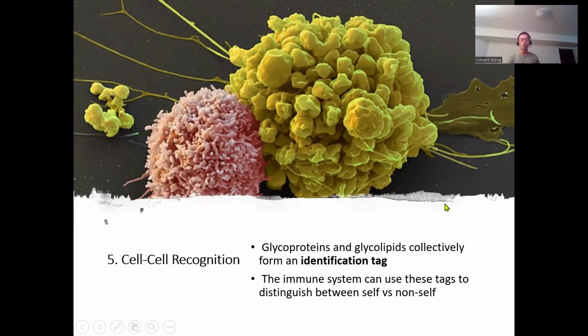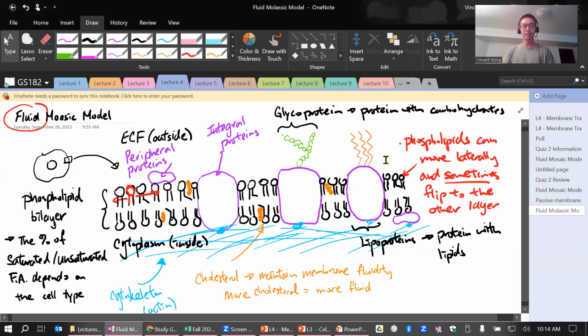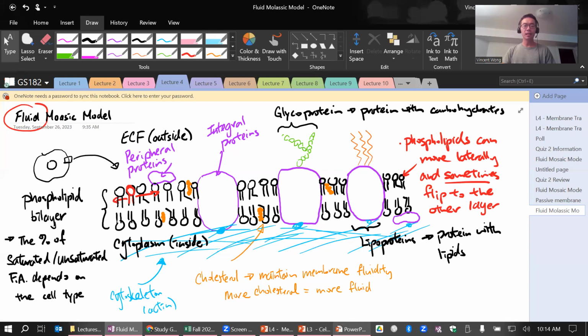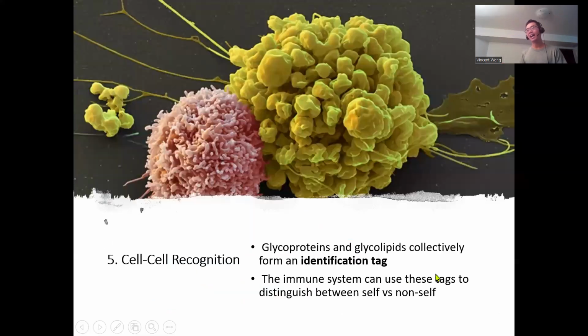Next function of membrane protein is cell-cell recognition. Remember those glycoproteins and glycolipids that we drew, the sugary proteins and the sugary lipids, like these ones? Collectively, they make up an identification tag for your cells.